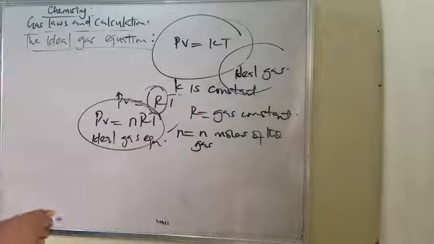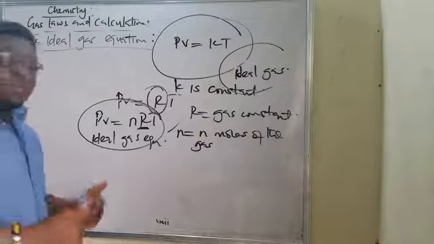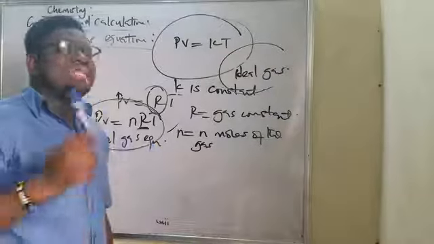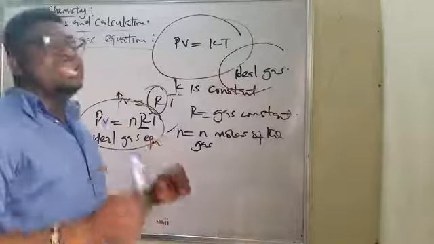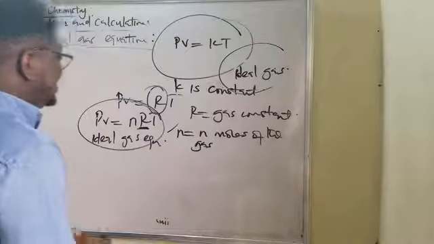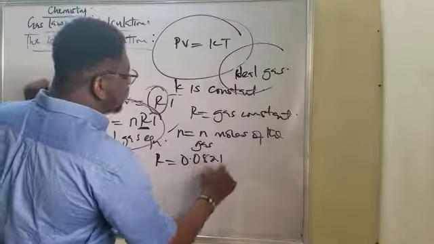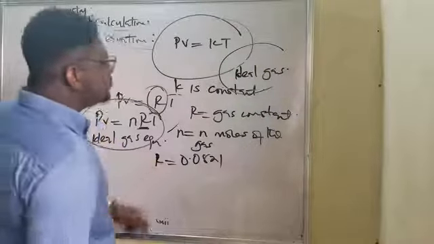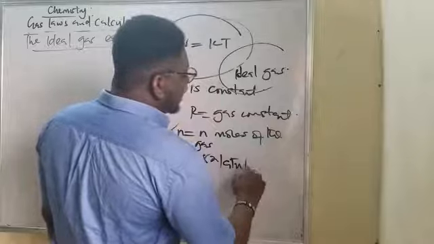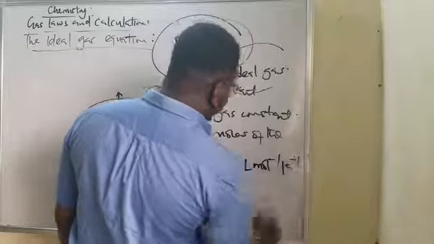One thing you need to know is that your gas constant, R, has different values. Please take note. The value of R that we use is related to the unit of the other parameters you are given. Most usually, R is 0.0821 when you are using pressure in atm, volume in liters or dm cube, per mole, and temperature in Kelvin.